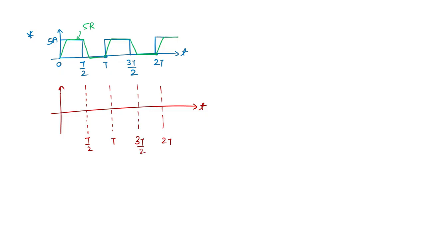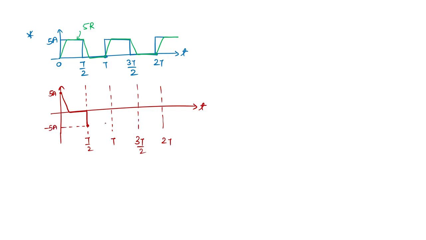Initially it has some value of 5 amp because all the input current is passing through the capacitor, and after that we have seen it reaches 0. And at T by 2 we have removed the excitation, meaning the capacitor is completely charged, and before that the capacitor current will change its polarity and it will come here as minus 5 amp.